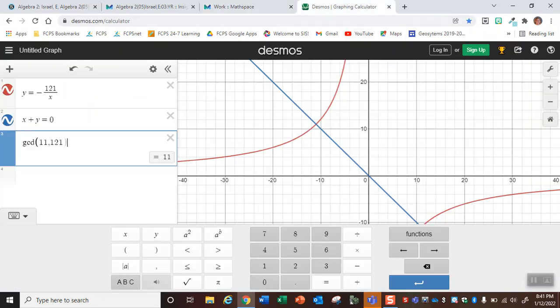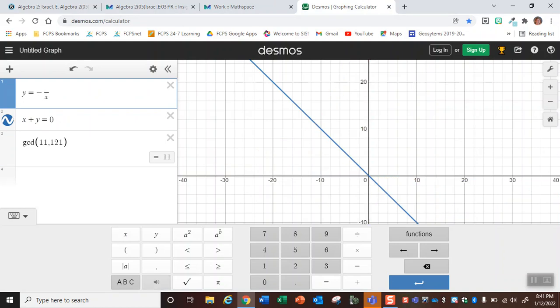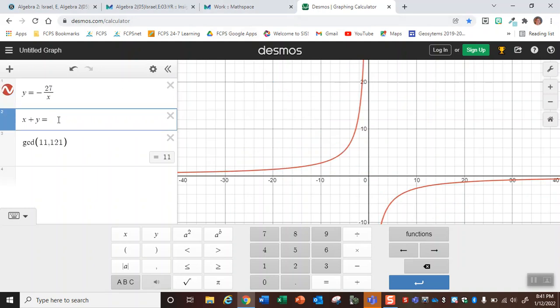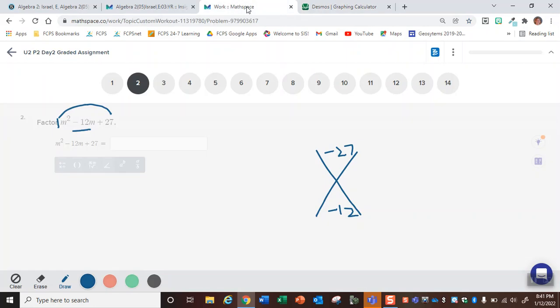All right, and then I go to Desmos and I'll put 27, and my B is negative 12. And where they intersect here, those are my magic numbers.